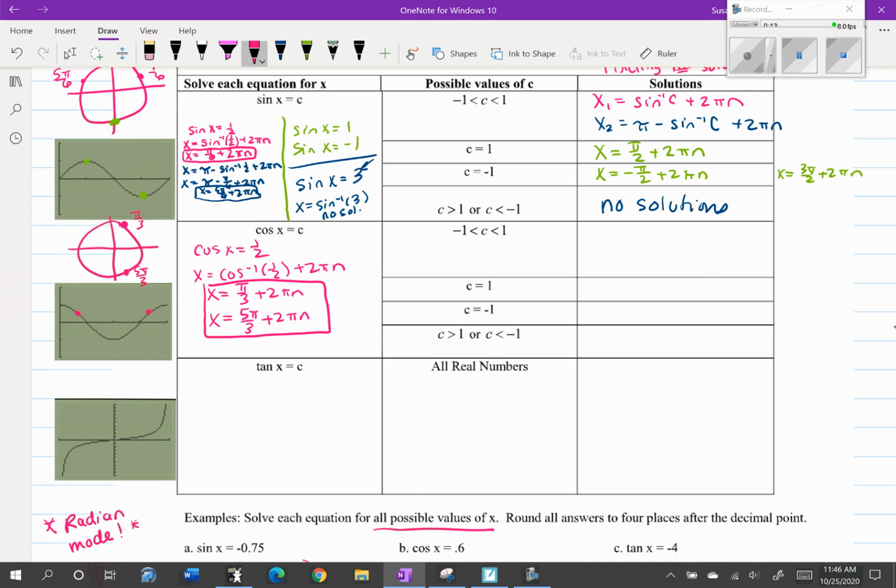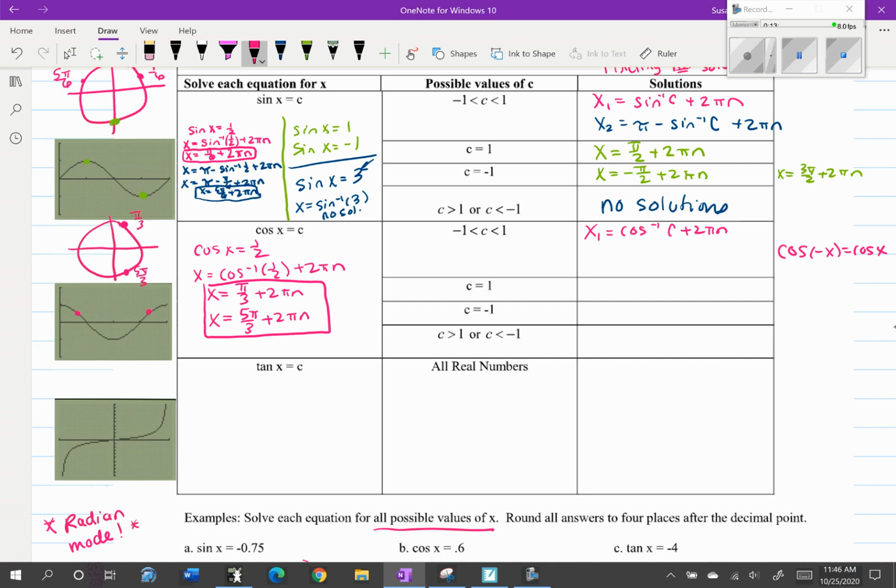So remember our negative angle identity? We had, not the sine, sorry, the cosine of negative x is equal to the cosine of x. So instead, I could say that x1 would be equal to the cosine inverse of c plus 2 pi n.